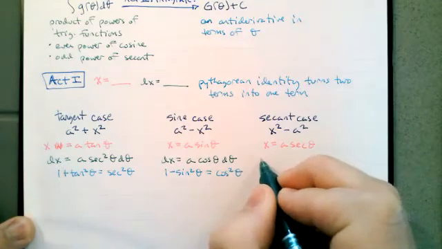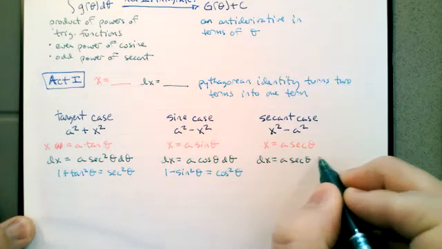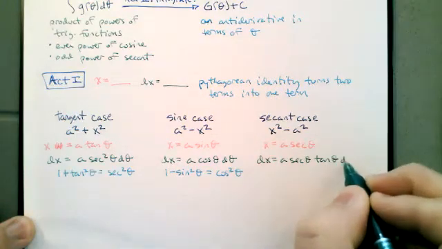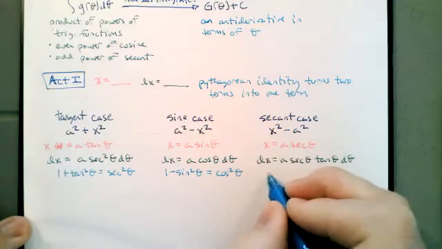If x is a secant theta, then dx is a times secant theta tangent theta d theta. And the Pythagorean identity that we need is secant squared minus 1 equals tangent squared.